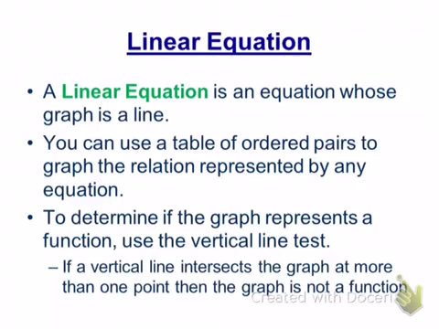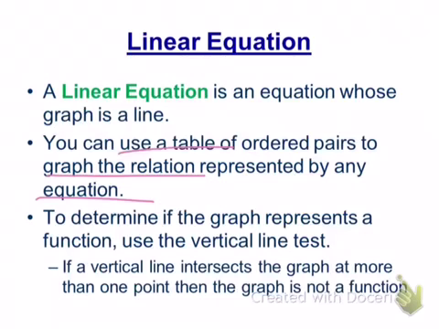One of the things that we're going to be doing today is creating a table of values to graph the relation represented by all different types of equations. Equations that you've never worked with before. Y equals the absolute value of x, for example. You've never graphed that, but we're going to make a table of values to determine what that graph looks like. You can do that with anything.